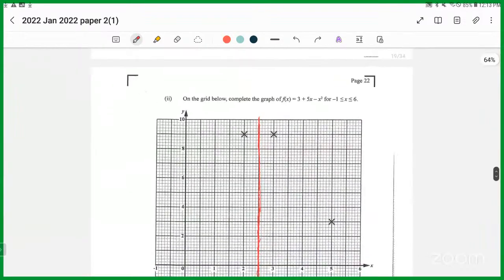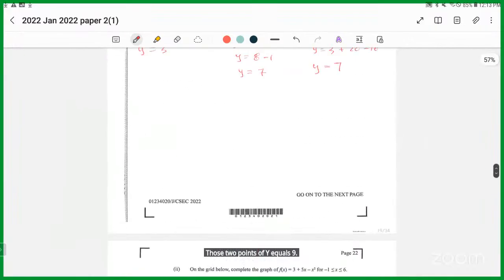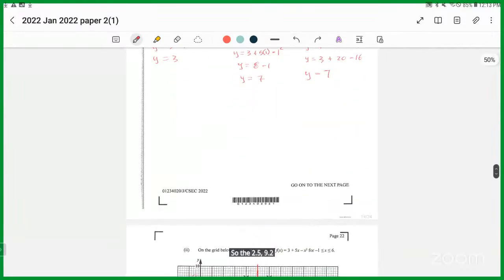So this is y equals 9 up here. Those two points are y equals 9, for these two y values: 2, 9 and 3, 9. So the 2.5, 9.25 is right between them on that red line.